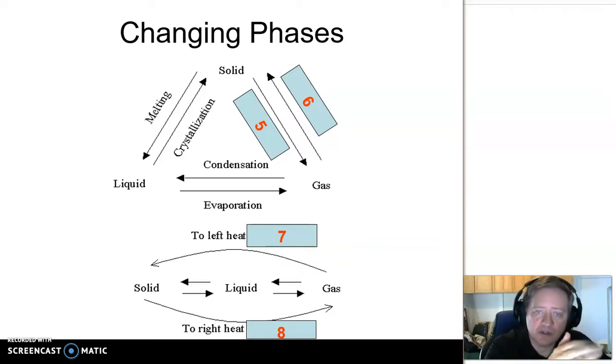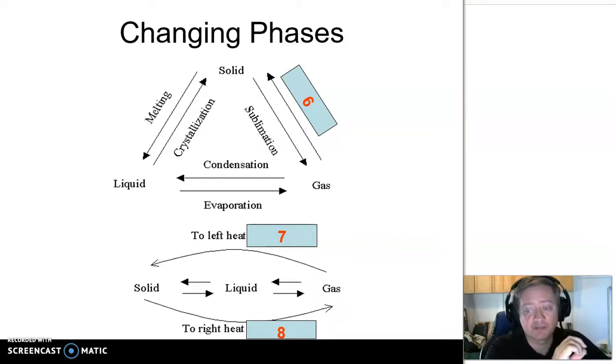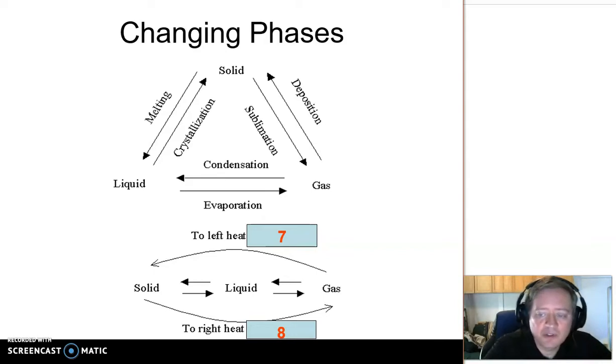But we can also go strictly from a solid to a gas. Some of you might know that one is called sublimation. Going directly from a gas to a solid, which is the reverse of that, we call deposition. Now, in order to do that, we need to change the amount of energy. Heat, from a chemistry standpoint, is the amount of energy in the materials.